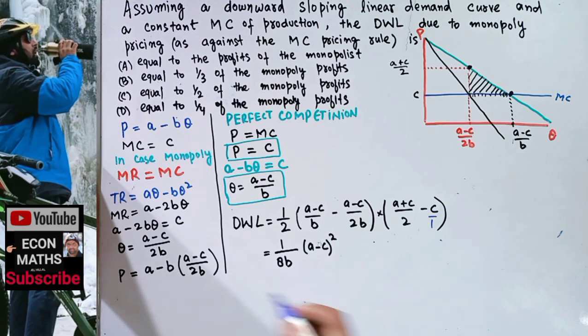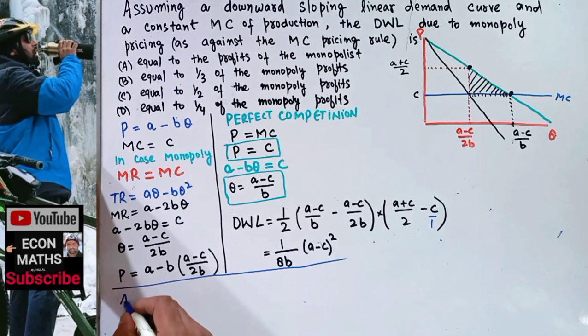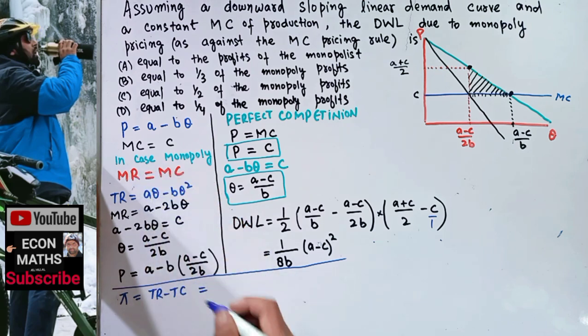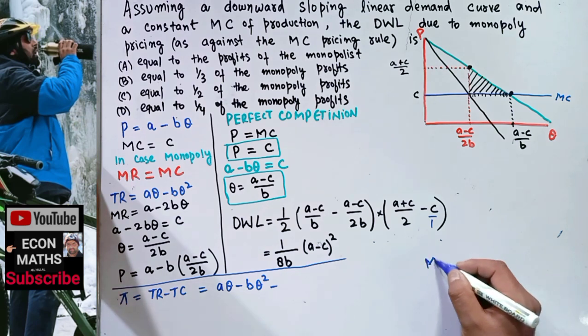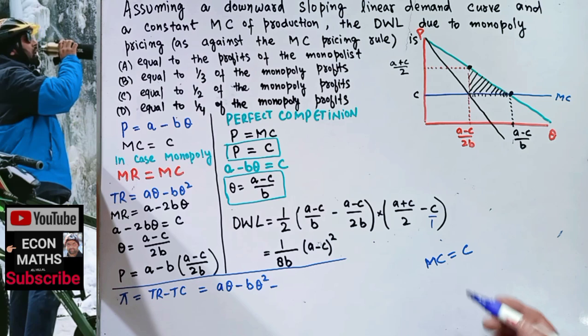We know that profit, whether it is monopoly or any other, is simply equal to total revenue minus total cost. So what is total revenue? Total revenue is AQ minus BQ square. And what is total cost? We are being given marginal cost. Total cost will be CQ, because MC is equal to C, and we assume that there is no fixed cost.